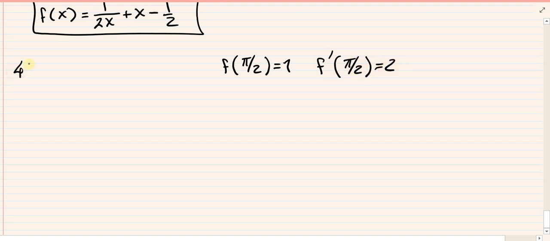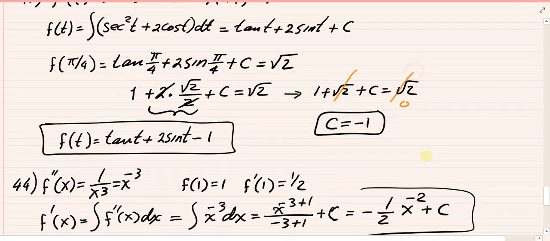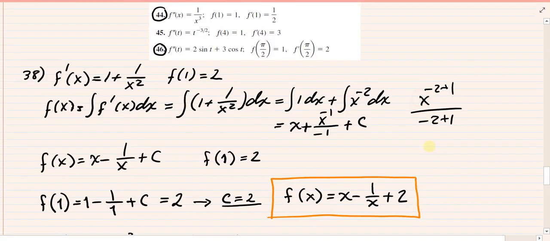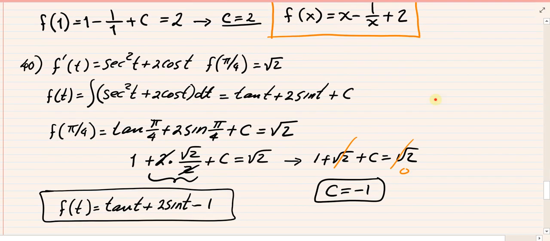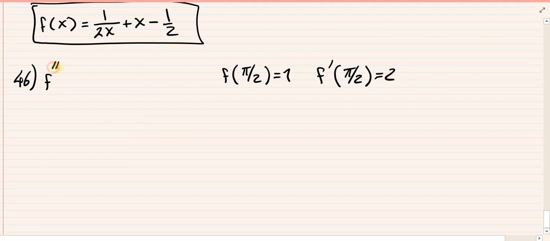In number 46, we are given the second derivative, f double prime t, which is 2 sine t plus 3 cosine t.